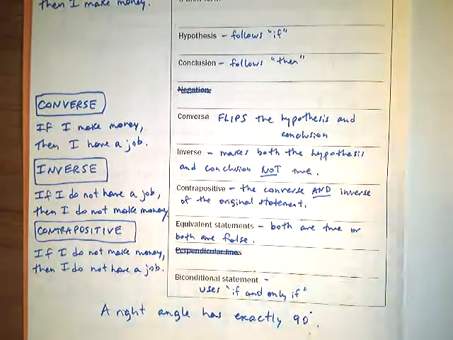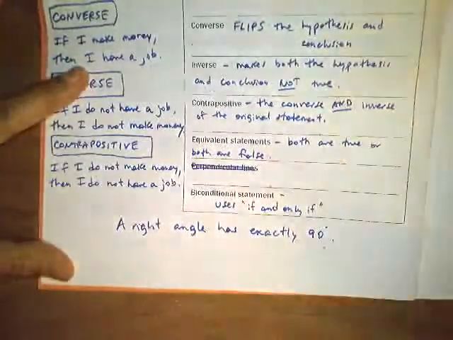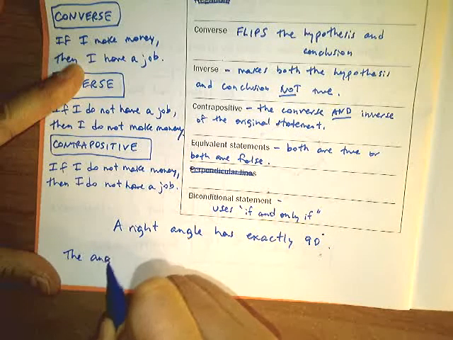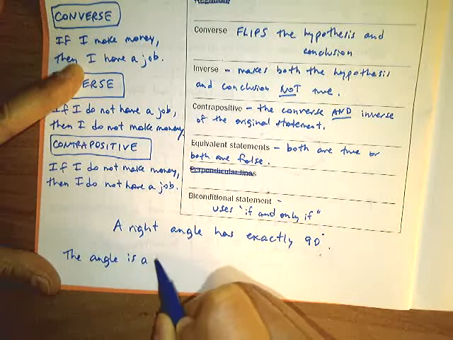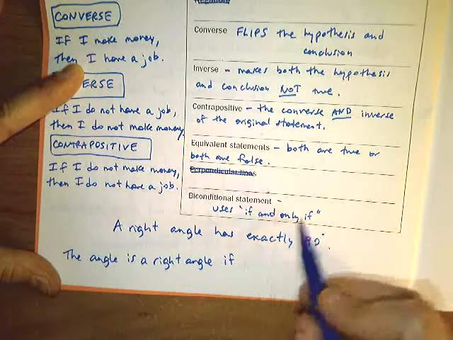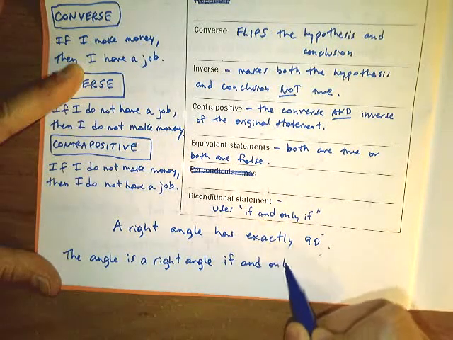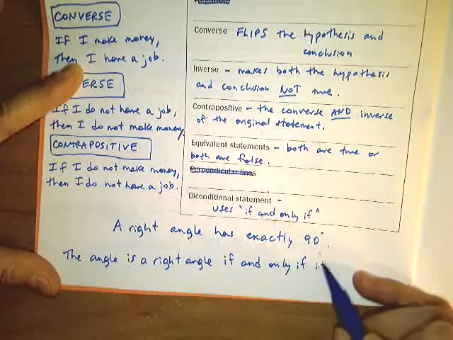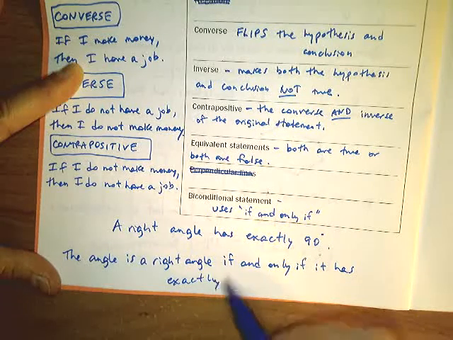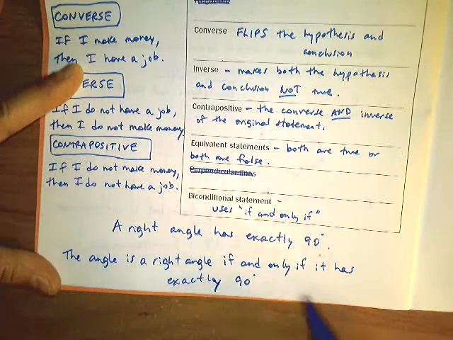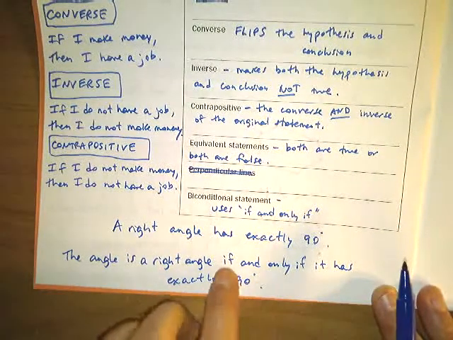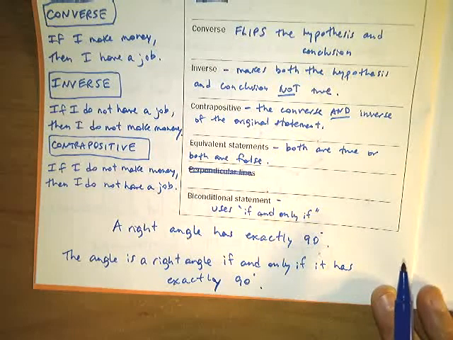We could write that as a biconditional statement by saying, the angle is a right angle, and here's the middle part, if and only if it has exactly 90 degrees. So it's like taking a definition and rephrasing it so that you're using that phrase in the middle, if and only if.